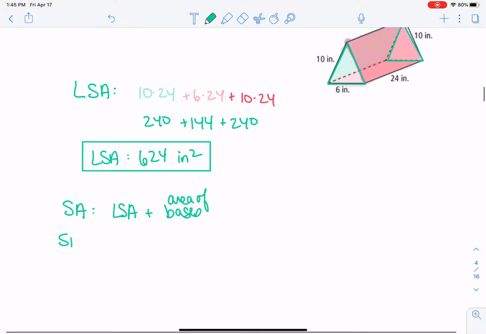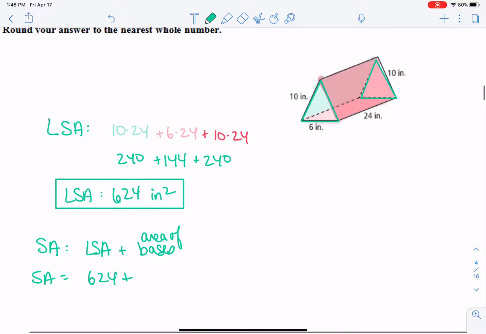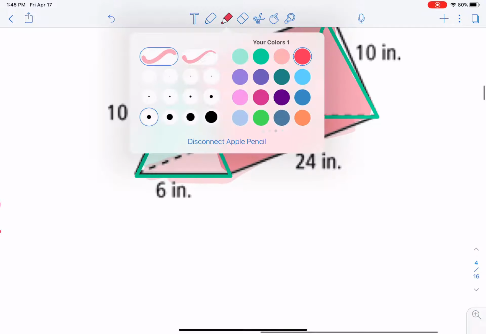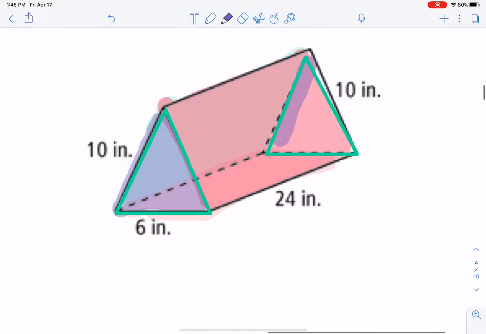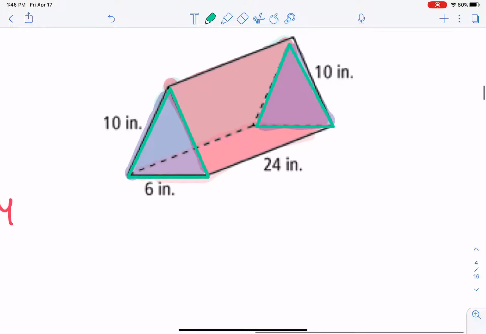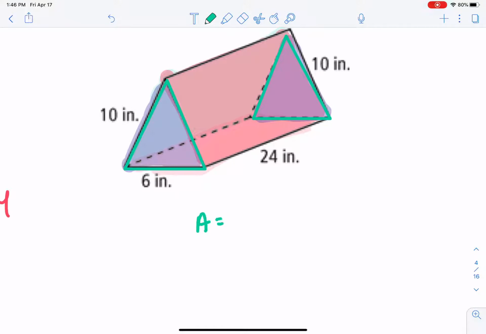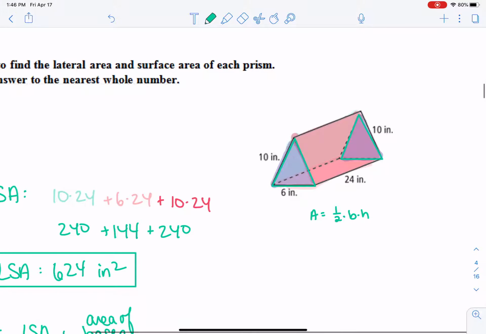I'm going to take what I got from the last problem, 624, and then I need to find the area of these bases. I'll do this in purple. This one should be the exact same as this one. I know this is a triangle, which has an area of 1/2 times base times height. I didn't say this earlier, but the area of a rectangle I got over here was base times height, or length times width.